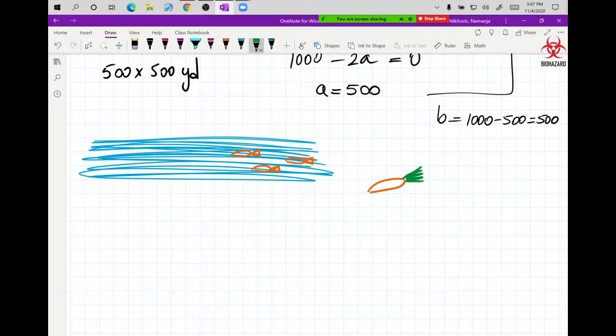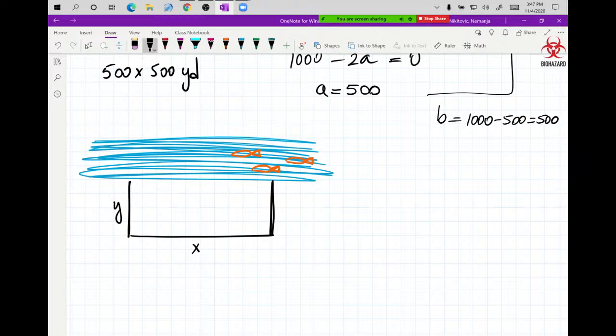These don't have the green top, so obviously they're salmon. All right, so now you are going to have your plot of land right there, and you are not fencing off the back side because the river will provide this.